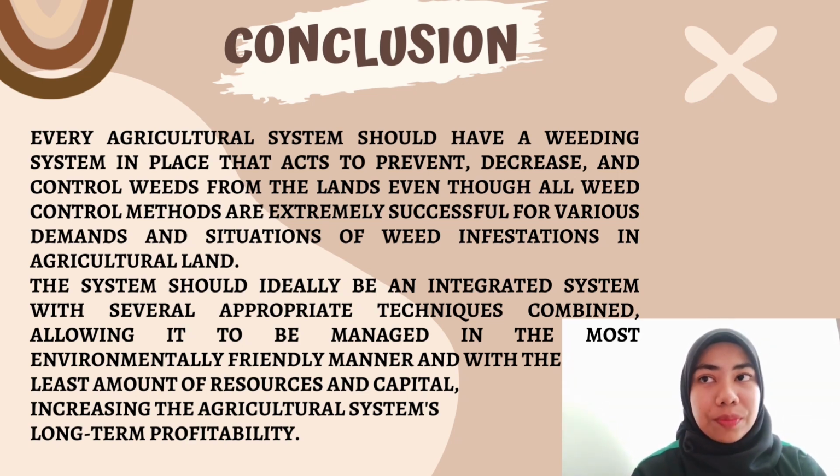At the same time, the system should ideally be an integrated system with several appropriate techniques combined, because it allows weeds to be managed in the most environmentally friendly manner and with the least amount of resources and capital, increasing the agriculture system's long-term profitability.